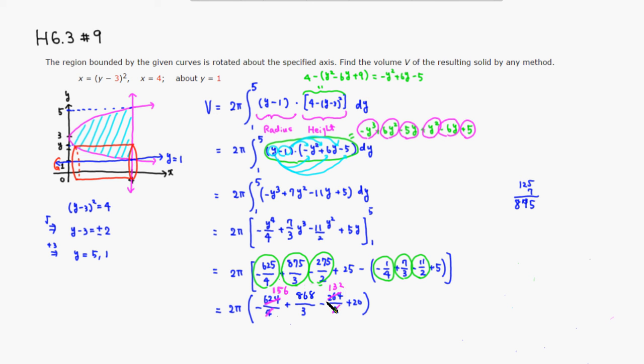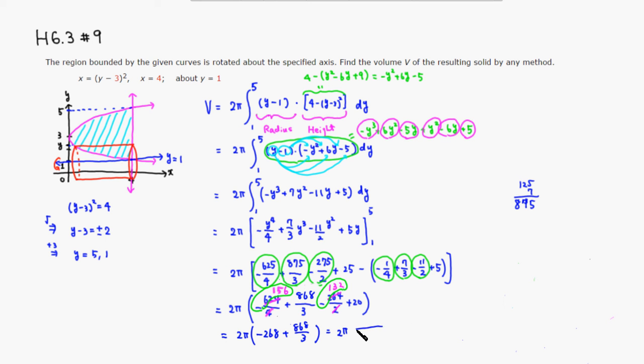So what you get is there's a 2 pi. Let's combine everything. You have a negative 156 and a negative 132, so it's going to be negative 288, plus 20, so negative 268, then plus 868 over 3. So this is going to be 2 pi.